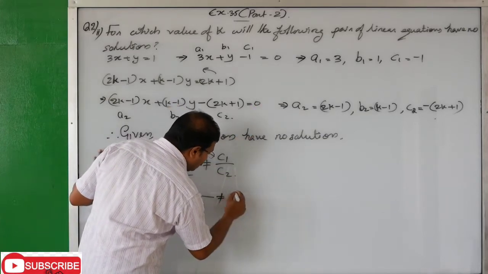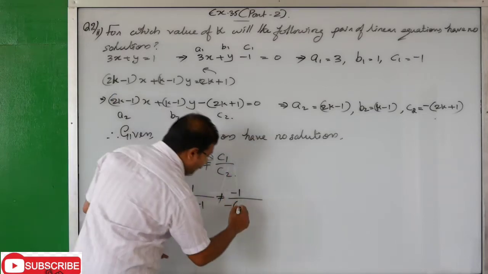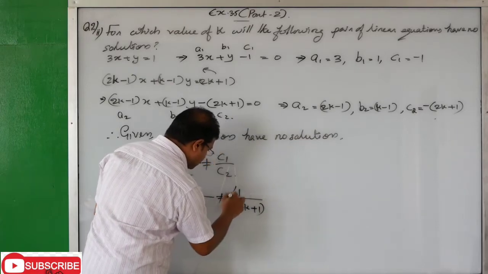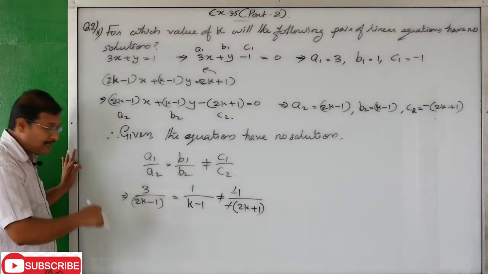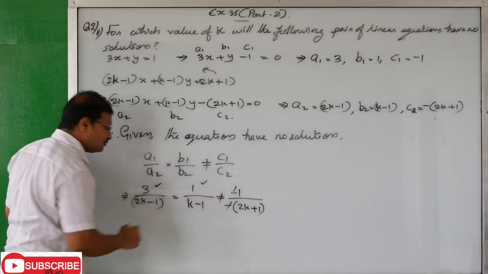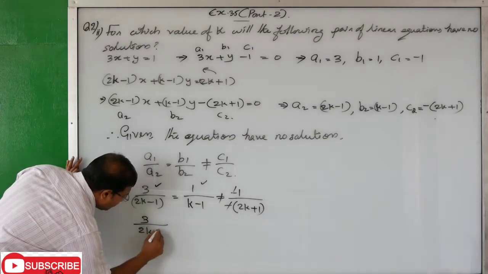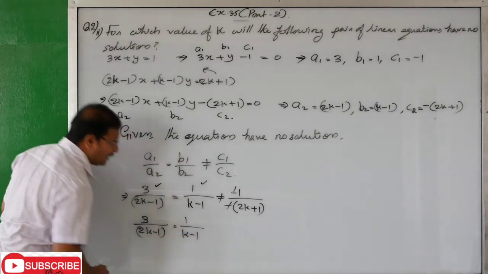What is c1 by c2? c1 is minus 1 divided by c2, which is minus of 2k plus 1. But of course the minus we can cancel. Now we want the value of k, isn't it? So let's consider these two. What is that? 3 by 2k minus 1 equals 1 by k minus 1.